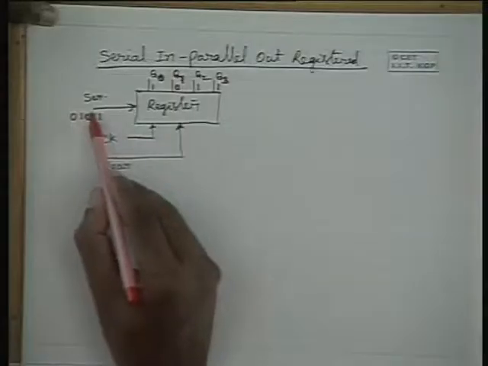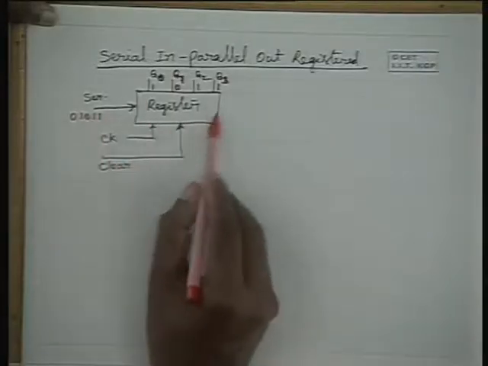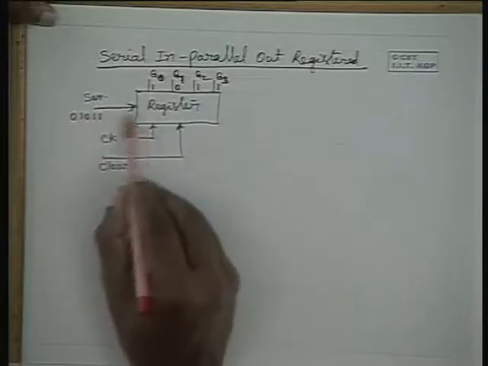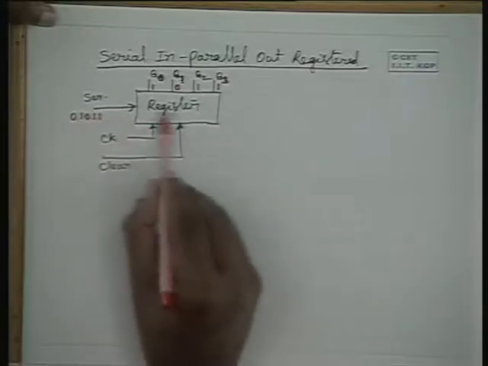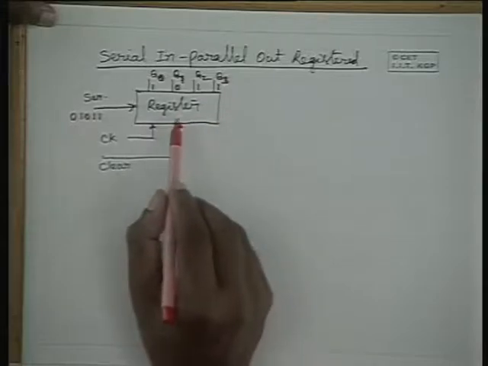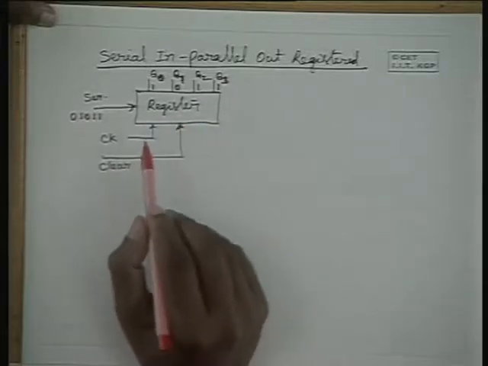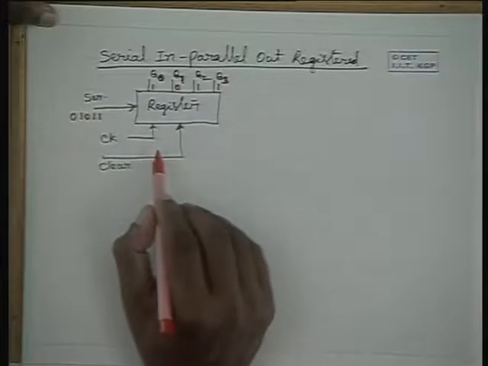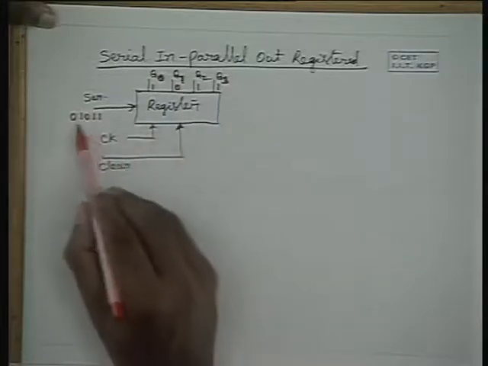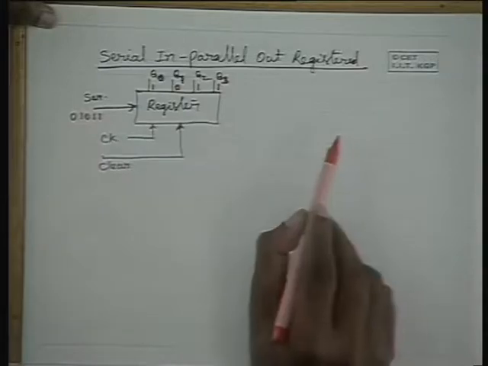Similarly, it can be used for serial in and serial out application also. Once you send the data serially, within 4 clock pulses, a 4-bit data gets into the register at a certain frequency, and then if you change the clock rate, and if you want to output these 4 bits at a faster rate, then you can change the clock rate and you can get it at a faster rate.